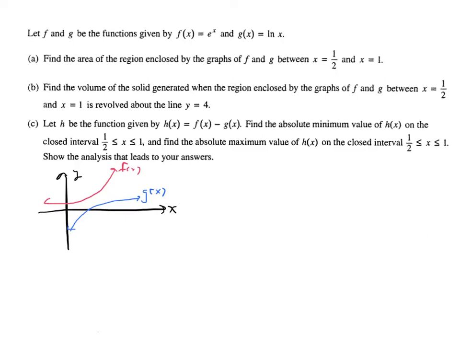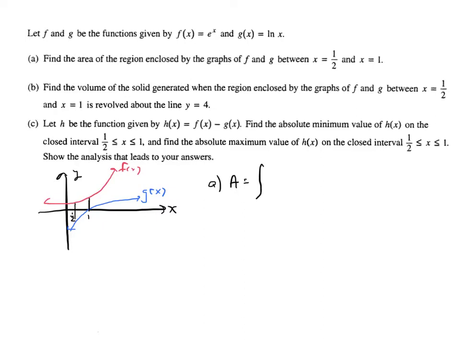So for part A, we're looking for the area between f and g, and we're looking at a small section just between 1/2 and 1. So just here to here.